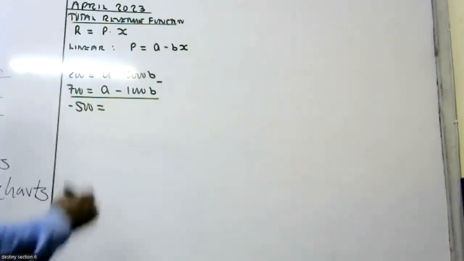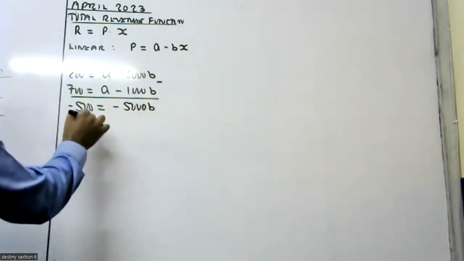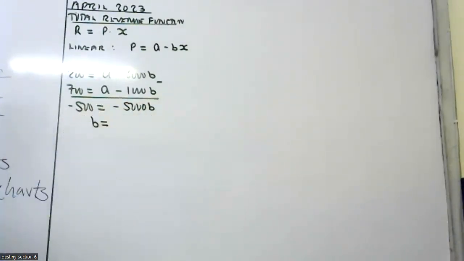It's minus 5,000. So from there, tell me B is what?